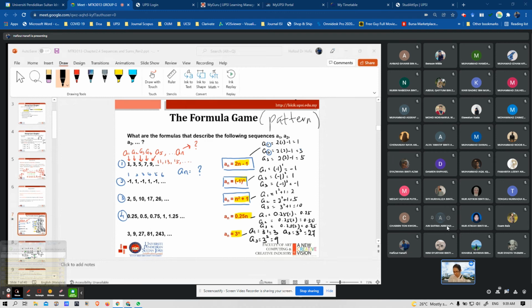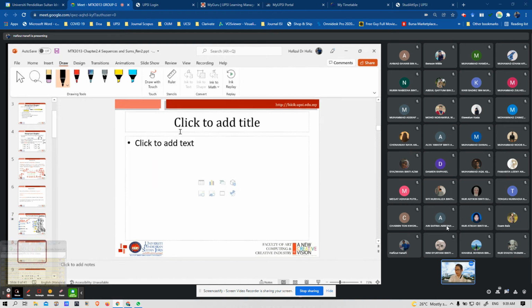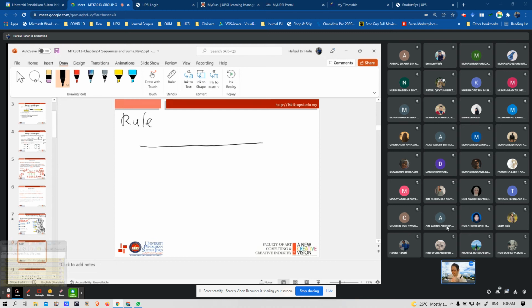We can see it like this. This one we define the sequence as a rule. From 0, 1.